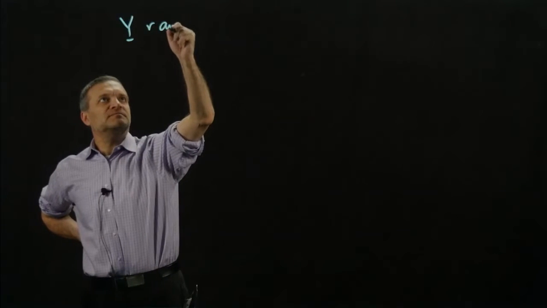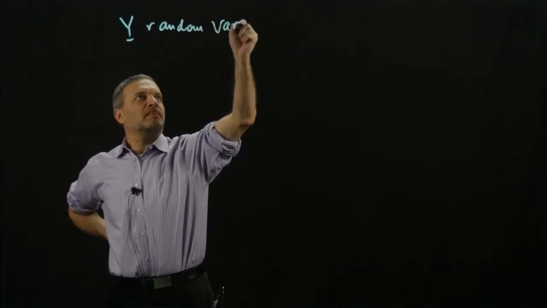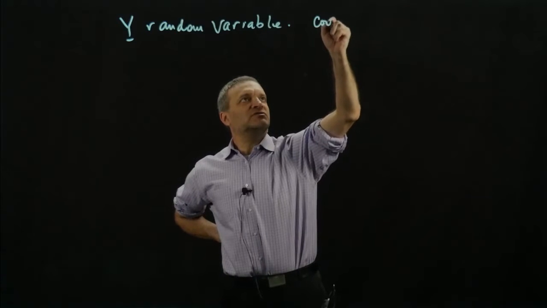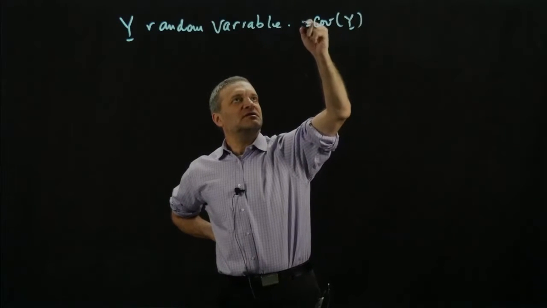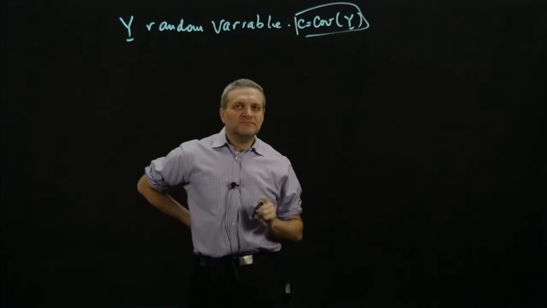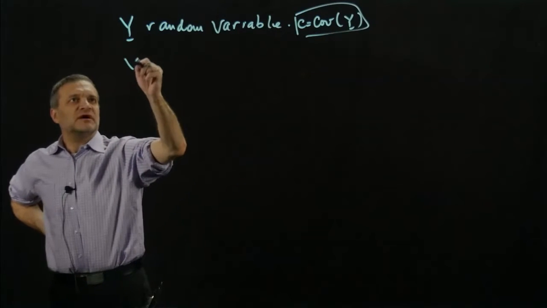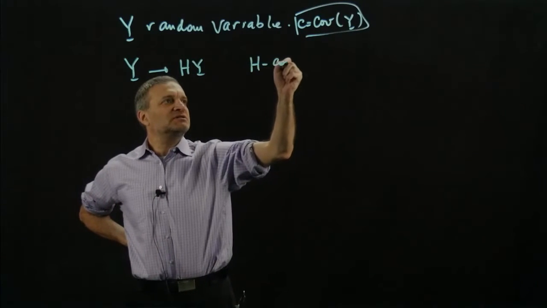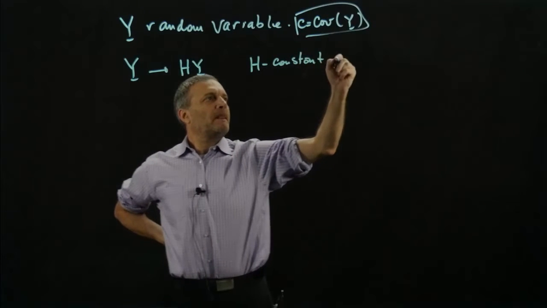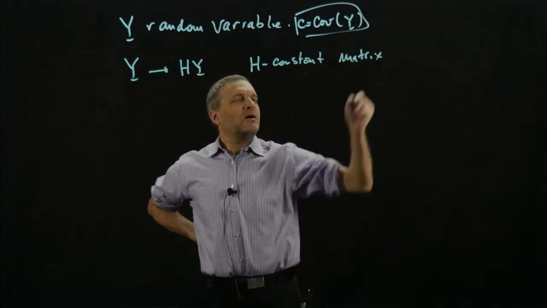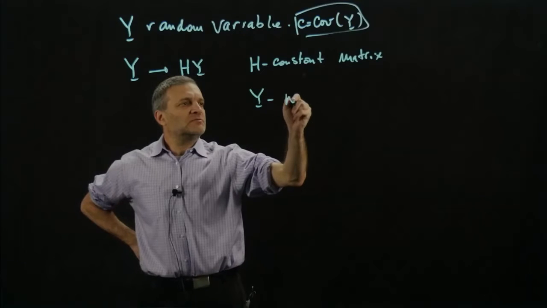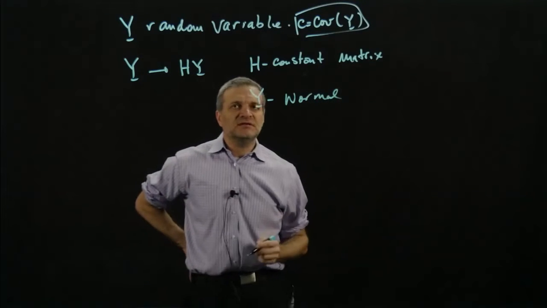Let's say that you have y, a random variable, and assume that you know the covariance of y equals C. Now, if you take y and transform it to h times y, where h is a constant matrix, and y, let's say, is a normal, but it doesn't have to be normal, it can be anything.